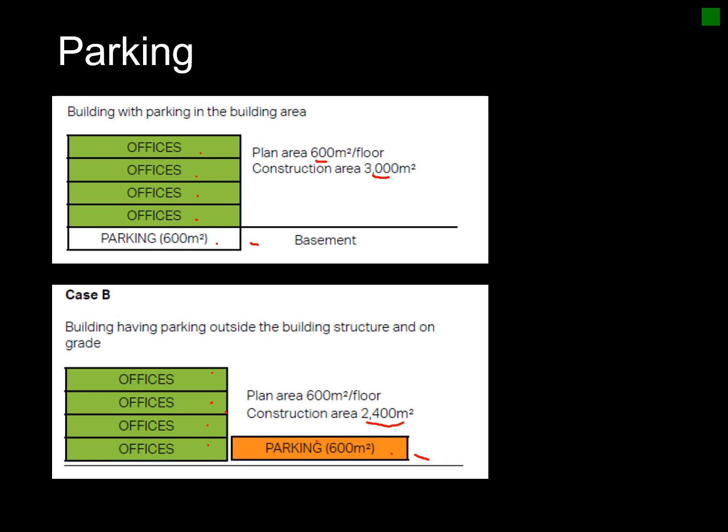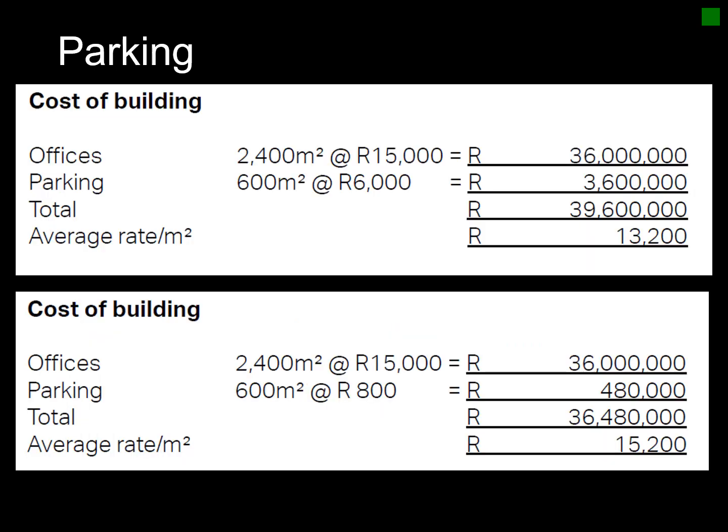Now I'm going to get into the detail. So then we look at two scenarios. For scenario one, or case one, you've got 2,400 square meters times a rate of 15,000 Rand per square meter. So it's 36 million for this office building.